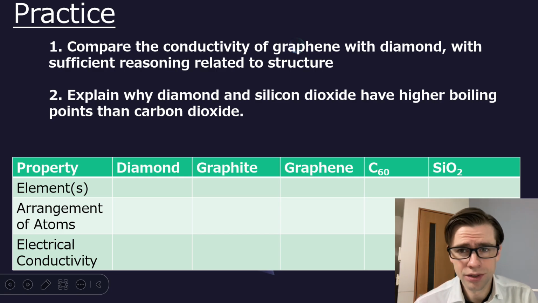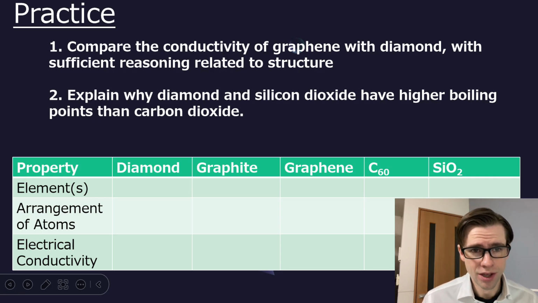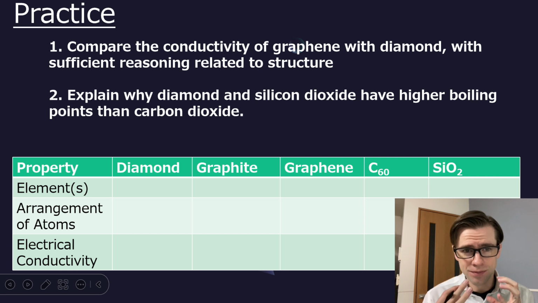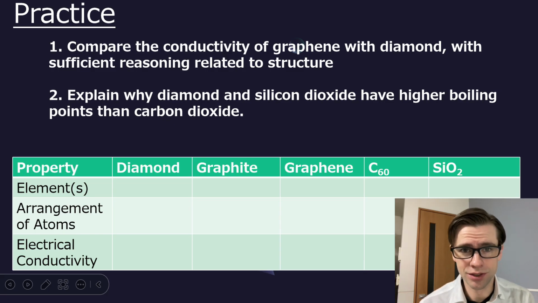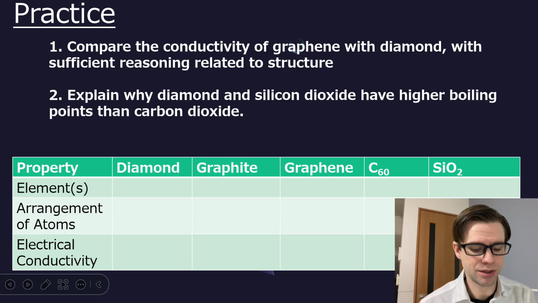Diamond and silicon dioxide, though, every atom in them forms multiple covalent bonds with the atoms adjacent to them, right next to them. So that forms a very strong, positional series of covalent bonds around each atom. And if you wanted to move or separate one atom, you'd have to break several covalent bonds, rather than intermolecular forces such as in carbon dioxide.